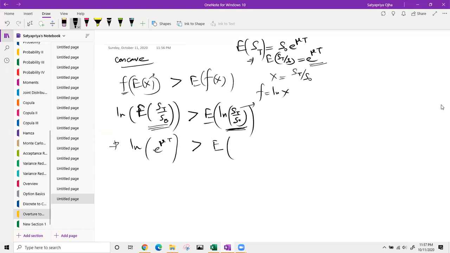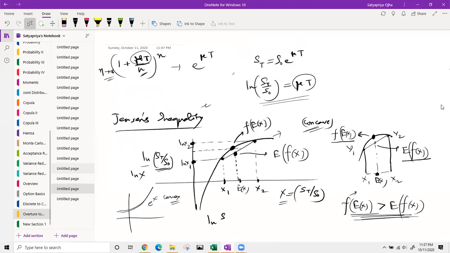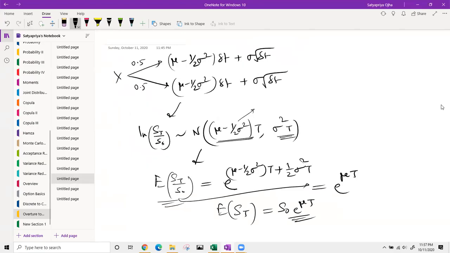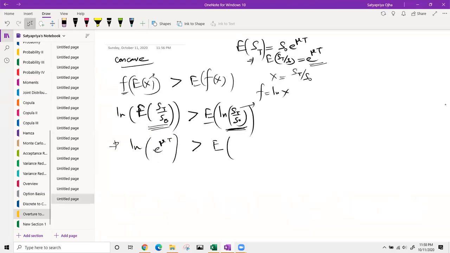But how is my log return distributed? You see, I made the adjustment. Log return is distributed according to this. And the mean of the log return distribution is mu minus half sigma square t.